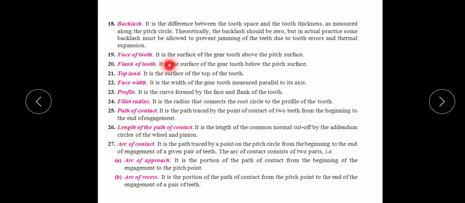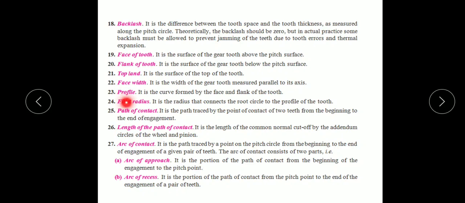And the face of a tooth is the surface of the gear tooth above the pitch surface. We have marked it in the previous figure as face and flank. Topland is the topmost surface of the gear, and face width can be expressed as the width of the gear tooth measured parallel to the axis.